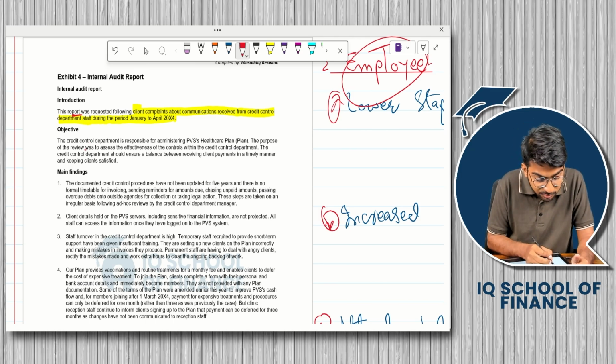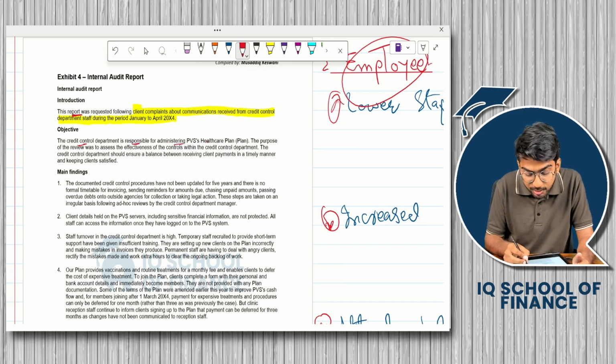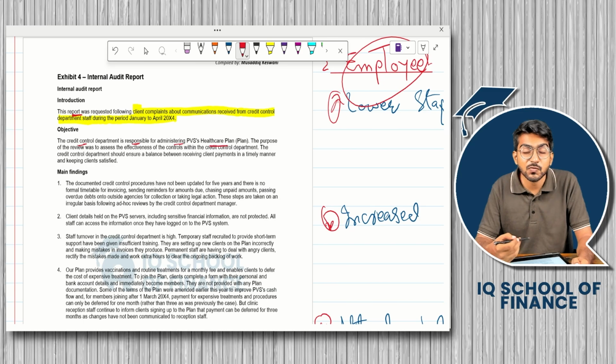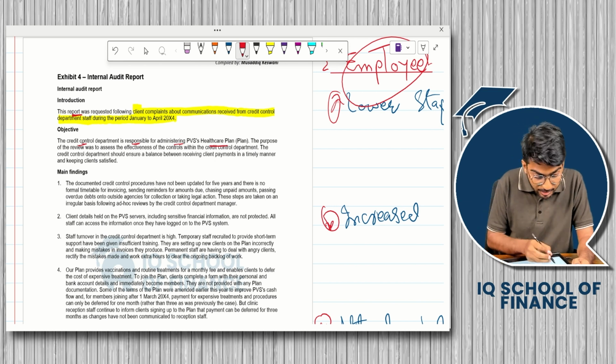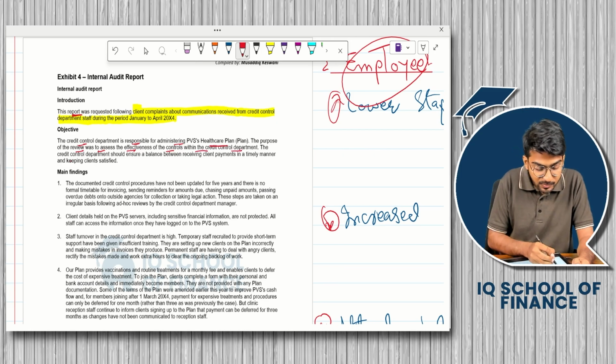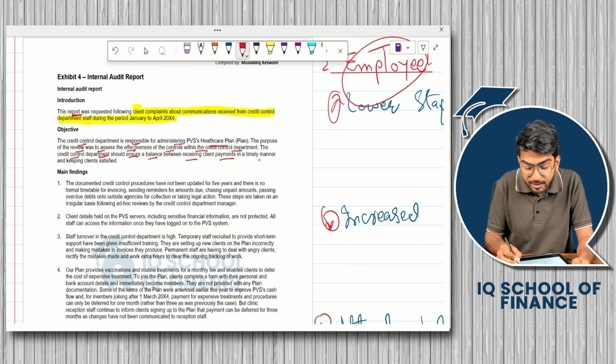Objective. What was the objective of the report? The credit control department is responsible for administrating PVS healthcare plans, basically the healthcare plans which we offer to our customers. The purpose of the review was to assess the effectiveness of the controls within the credit control department. The credit control department should ensure a balance between receiving client payment in a timely manner and keeping clients satisfied.